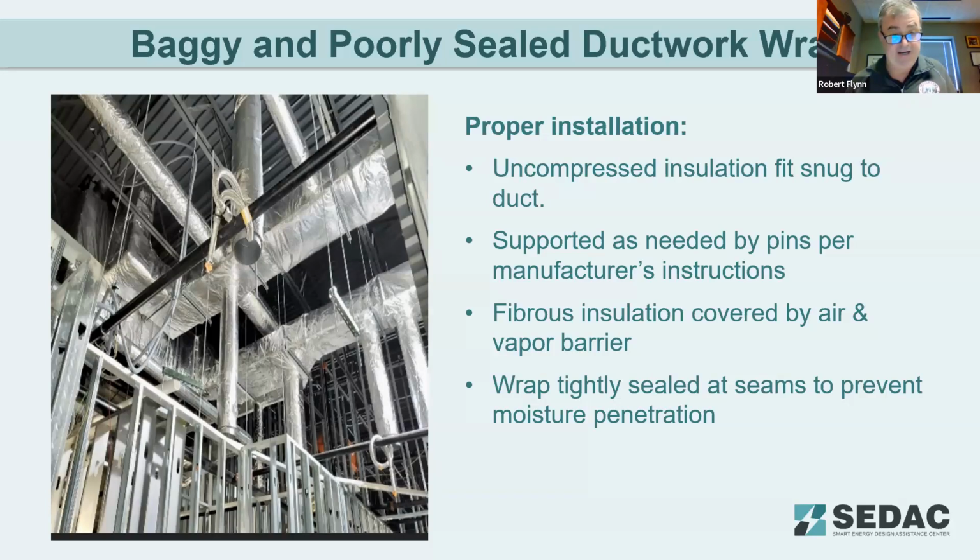You don't have any insulation fibers hanging out of it. The wrap is tightly sealed to prevent moisture penetration. Baggy insulation could create moisture, as condensation occurs in voids. So once again, it's important to seal the system 100%. The image on the side shows the insulation is properly installed, snug, and continuous.